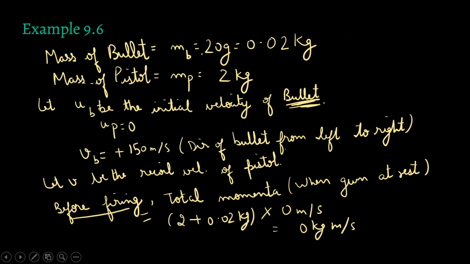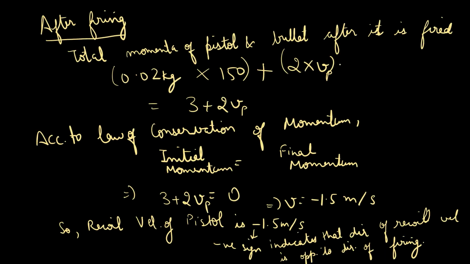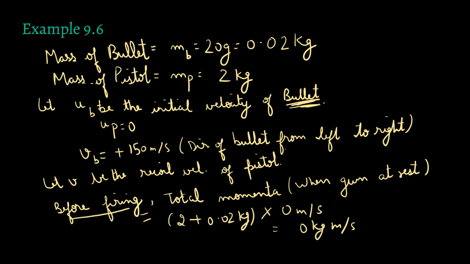Mass of bullet mb is 20 grams, that is 0.02 kgs. Mass of pistol is 2 kgs. Let ub be the initial velocity of the bullet, and let the initial velocity of the pistol be up.